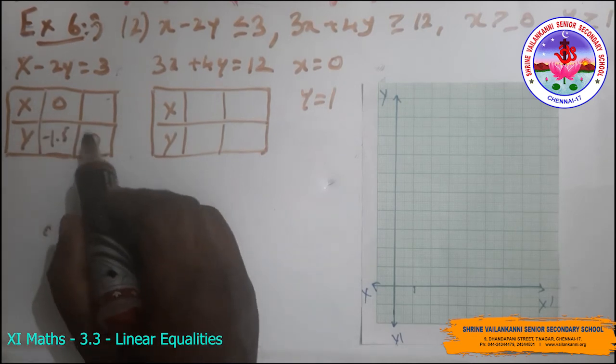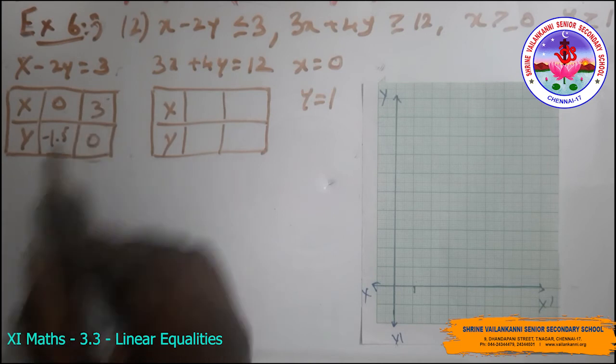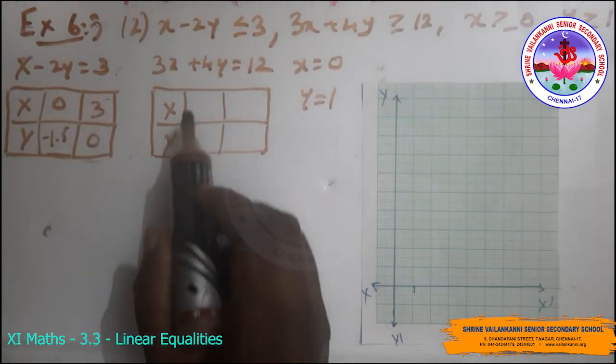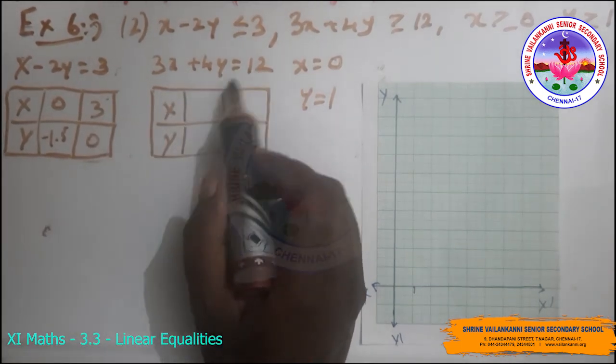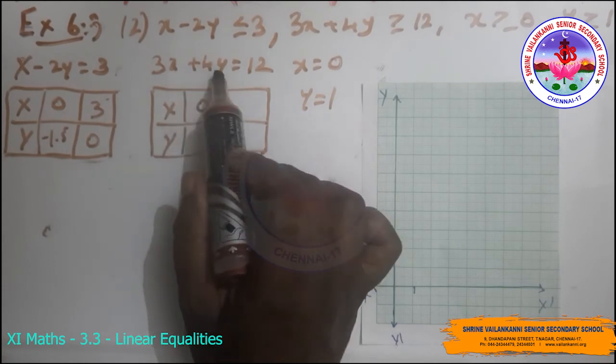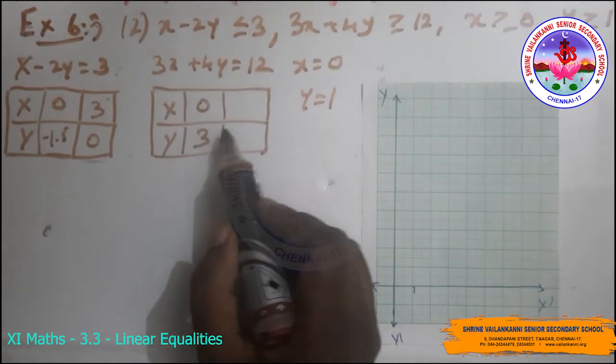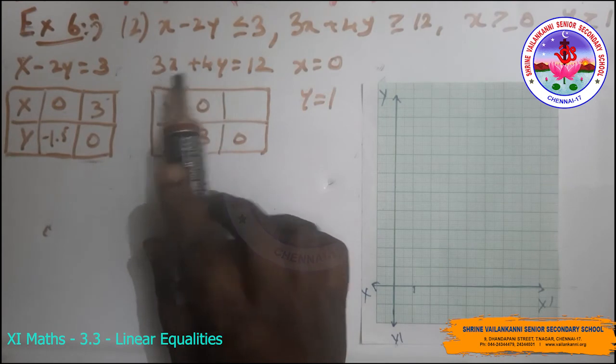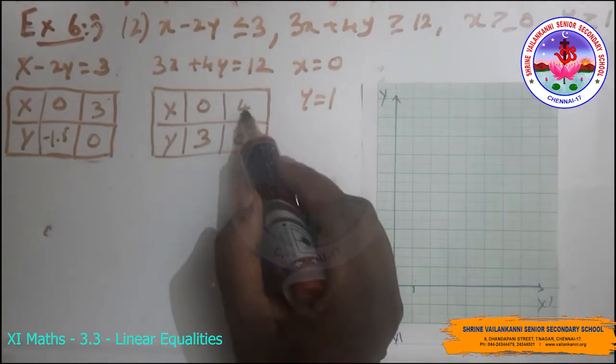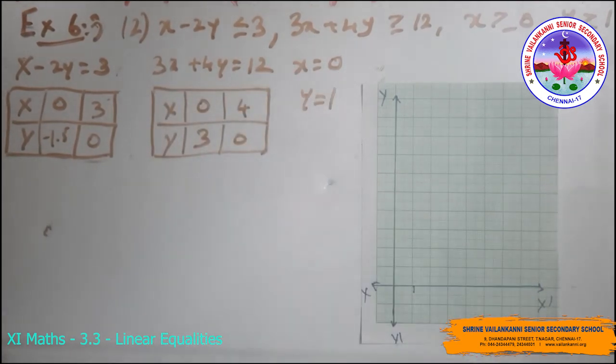So put y equal to 0, we get x equal to 3. And 3x plus 4y equal to 12. Put x equal to 0, we get 4y equal to 12, so y equal to 3. Put y equal to 0, 3x equal to 12, x equal to 4.